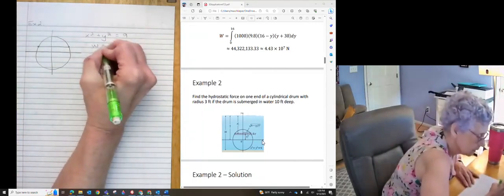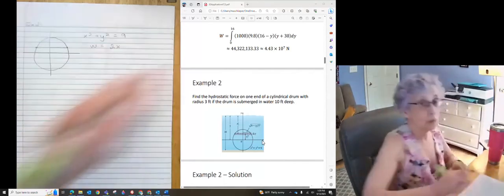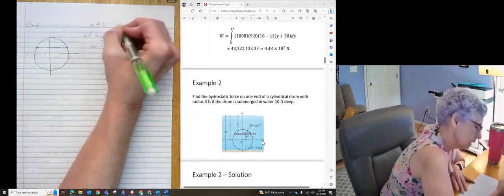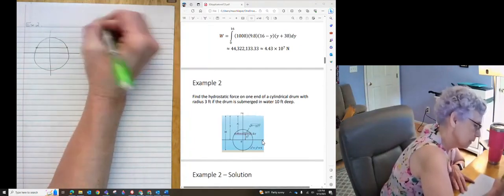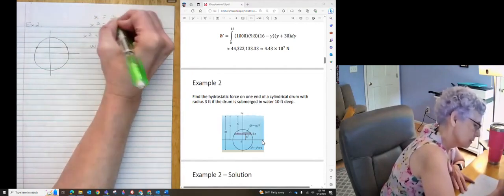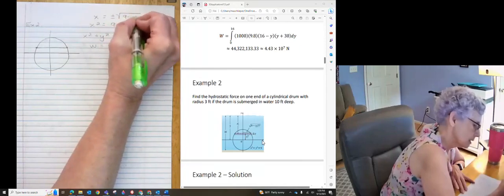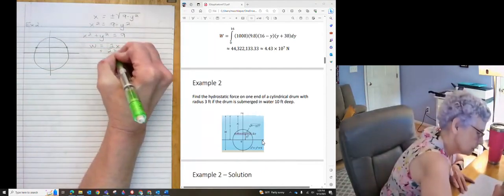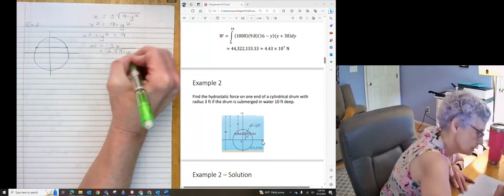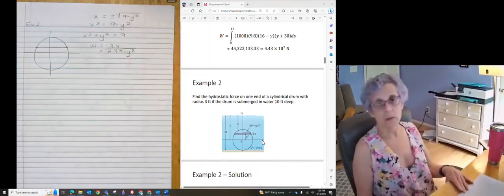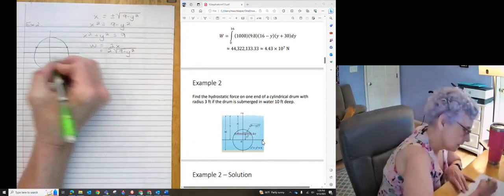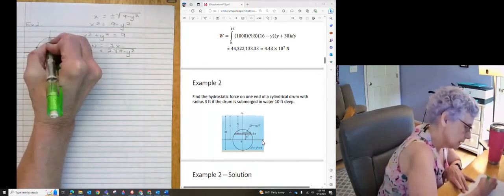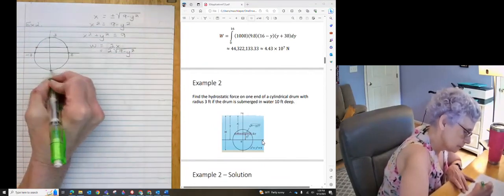So width again is equal to 2x, and we want width to be a function of y. So x squared is equal to 9 minus y squared. So x is plus or minus square root 9 minus y squared. And since we're thinking about distance, our width is 2 times the square root of 9 minus y squared.